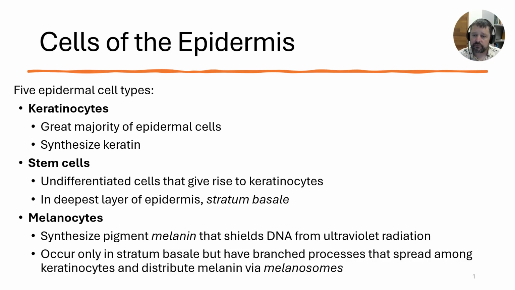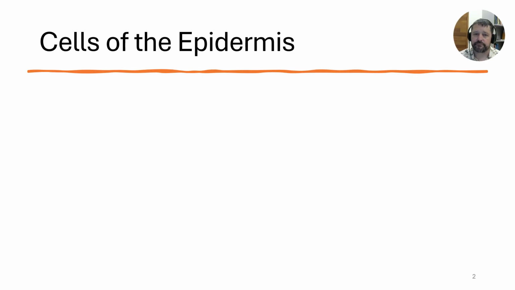So super, super important. Melanin is produced in the stratum basale, and then it branches out and provides a shield. It's a reflective material that provides a shield for radiation. We'll talk more about the evolution of that later.